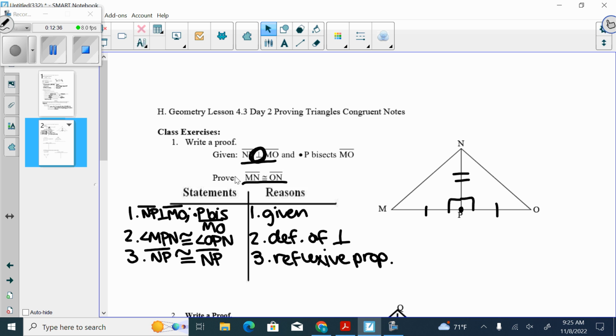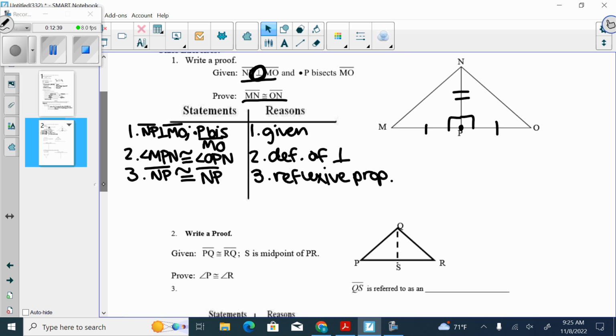Okay, so we've mentioned the right angles, we've mentioned the shared side. What's the only thing left to talk about? The two segments, right. So I would say that segment MP is congruent to segment OP.